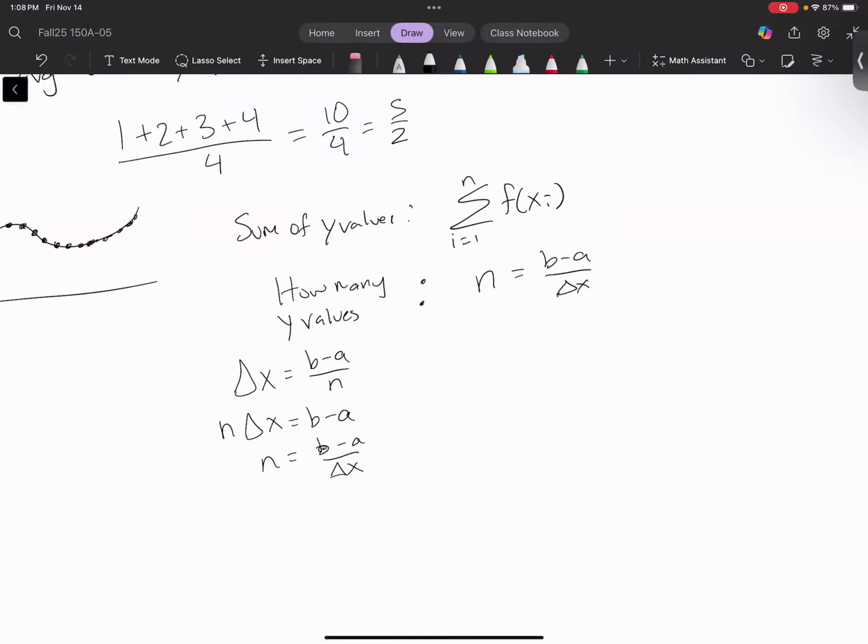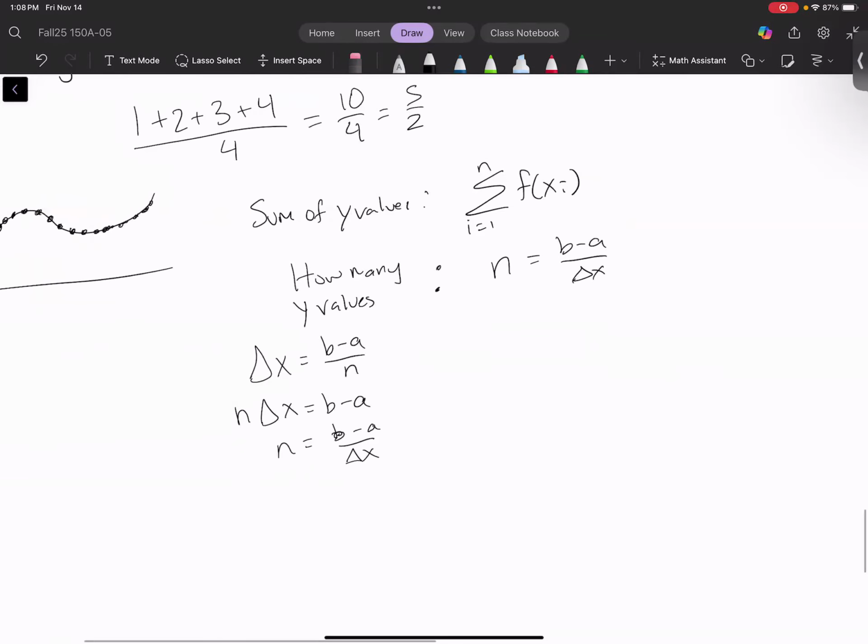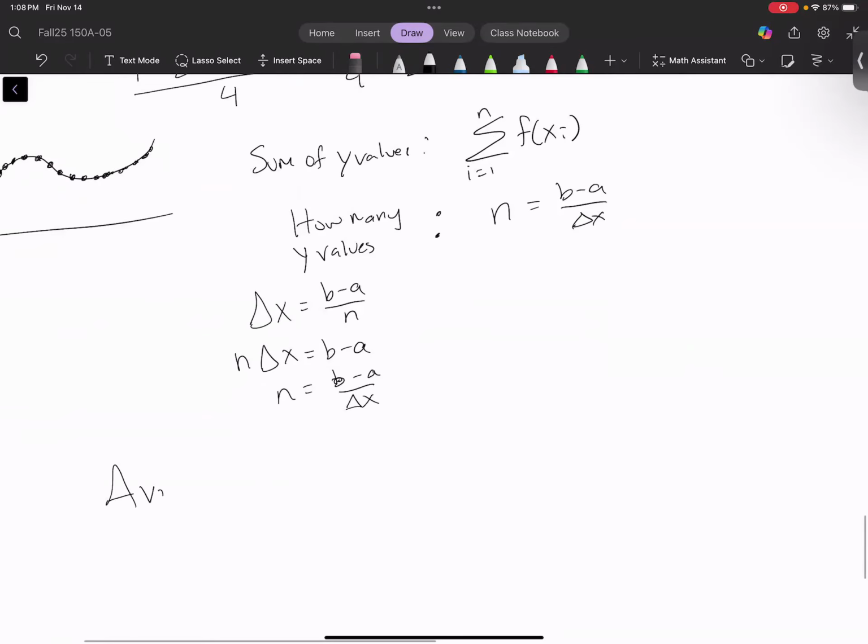As we do more and more points, n is going to infinity, but b and a and delta x, we'll be able to manipulate this a little bit.